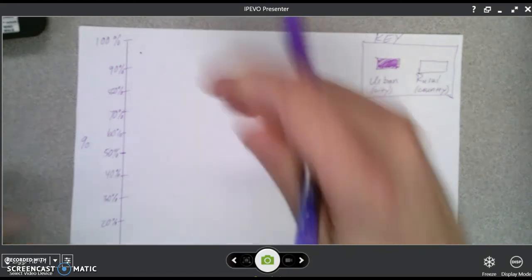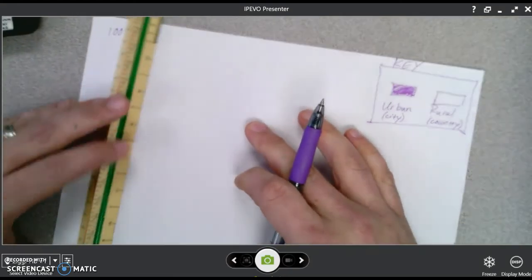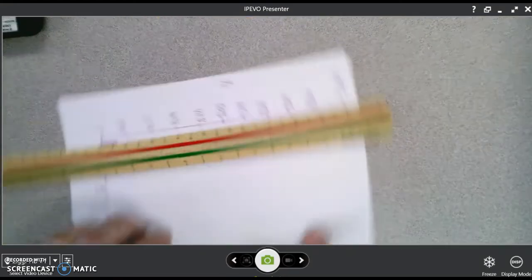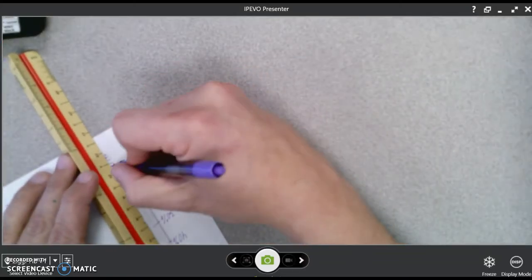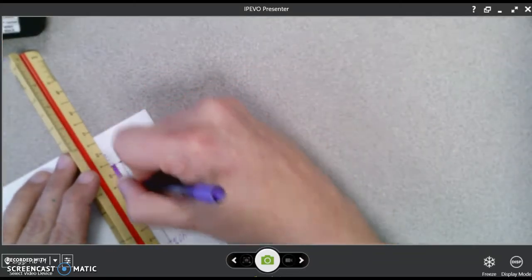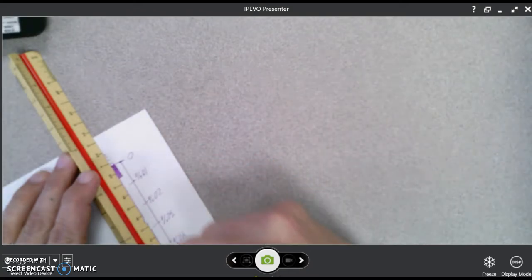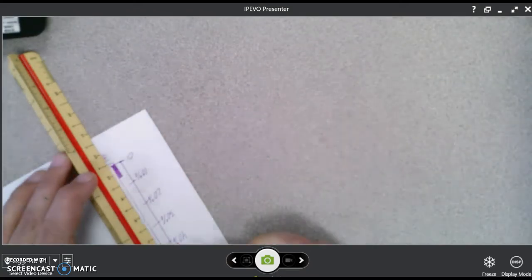So I'll make just a little mark. I'm going to use my ruler here so I have nice straight lines. I'm up to about 95%, right about there.